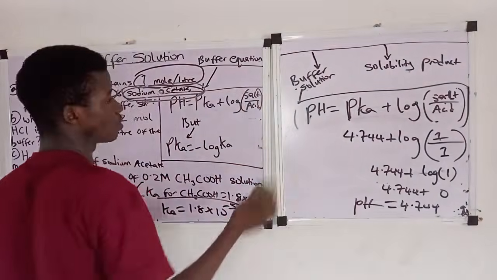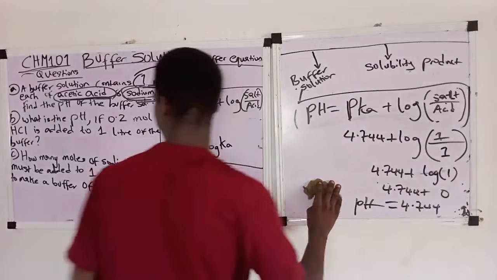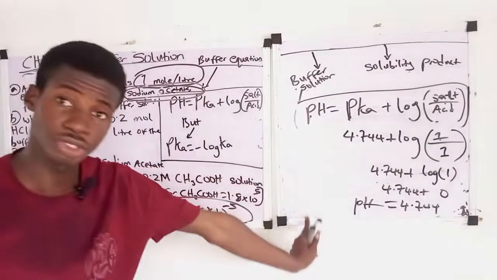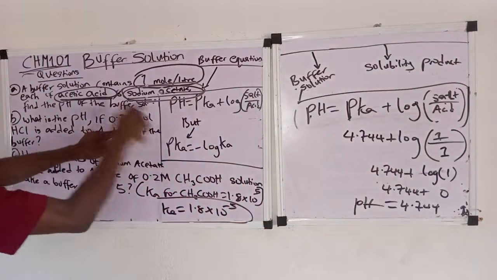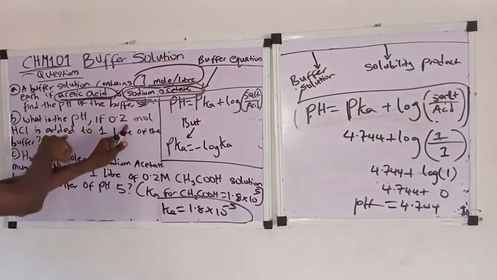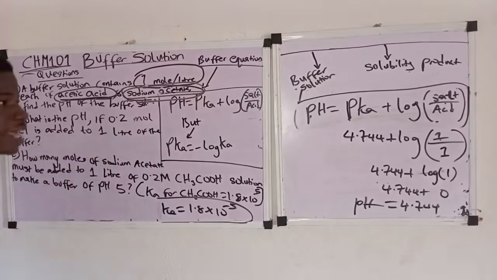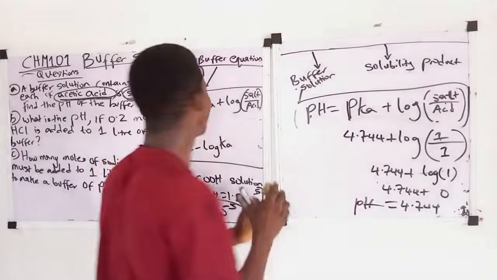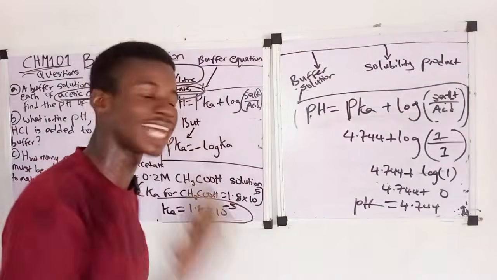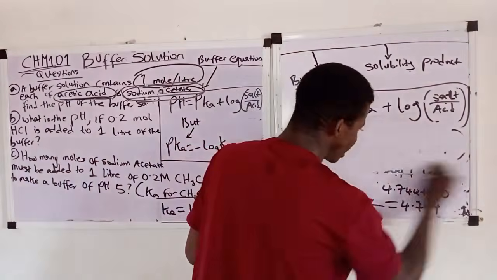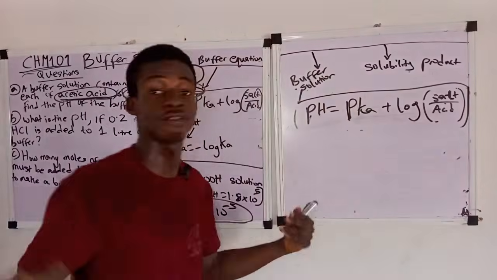Now let's do the next question. It's still a continuation. What is the pH if 0.2 mole hydrochloric acid is added to 1 liter of the buffer? This is very important. I told you earlier how a buffer solution works.